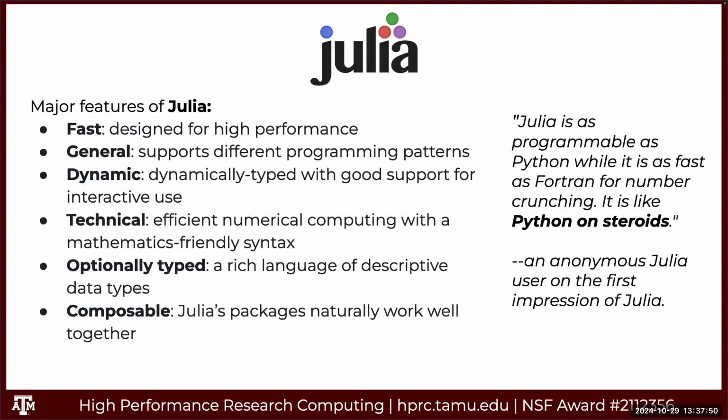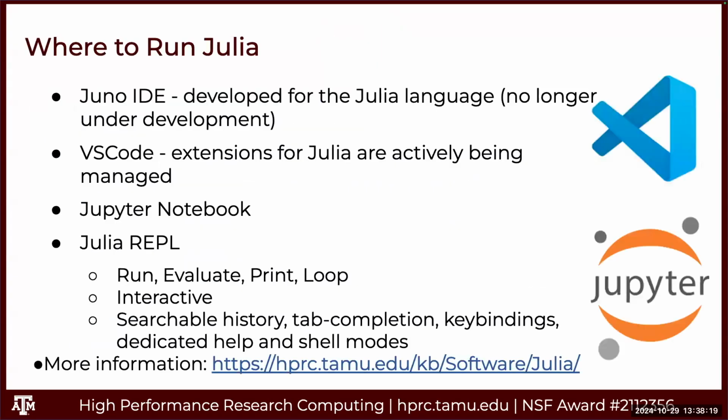It is dynamic. And unlike Python and R, you can have typed data, where you specify the type of the data, which helps with speed and memory usage. And then all of the Julia packages work really well together. So it's a really nice environment.